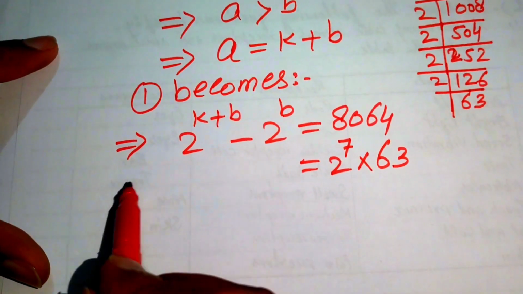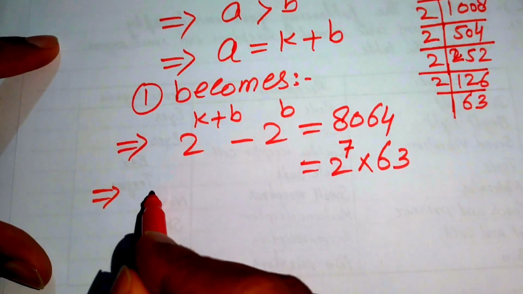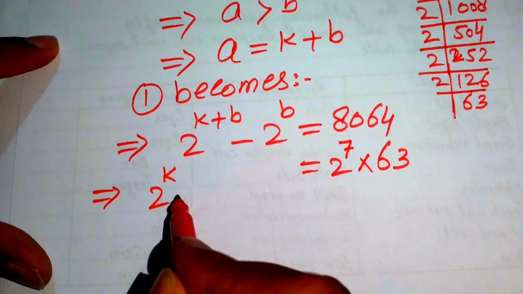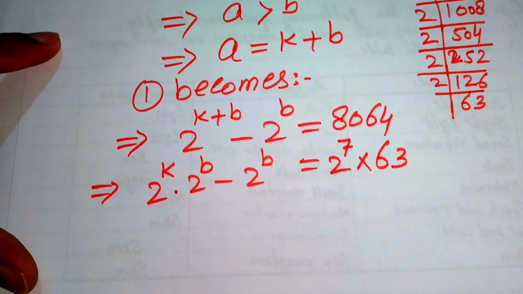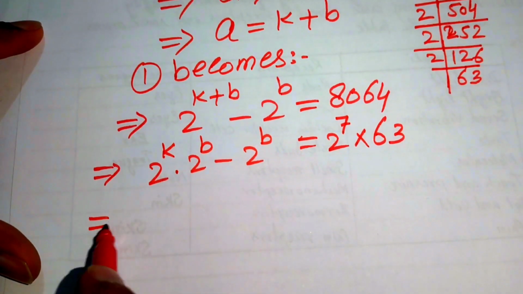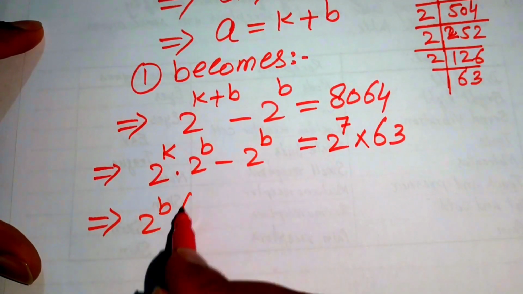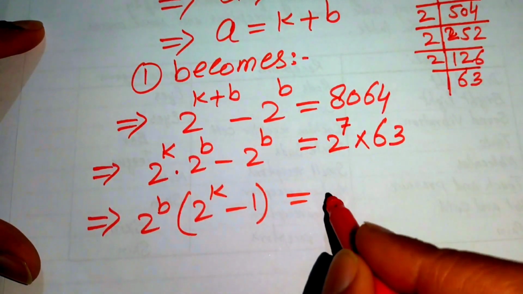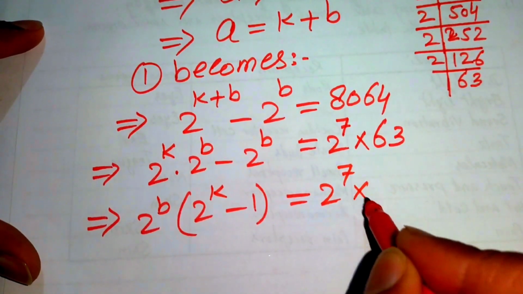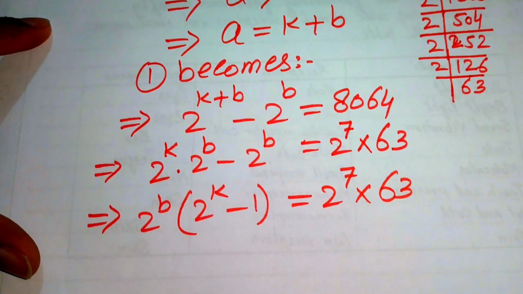So now here we break the exponent of this term and we write it as 2 to the power of k into 2 to the power of b minus 2 to the power of b. So now we take common 2 to the power of b and we get 2 to the power of b into 2 to the power of k minus 1 equals 2 to the power of 7 multiplied by 63.